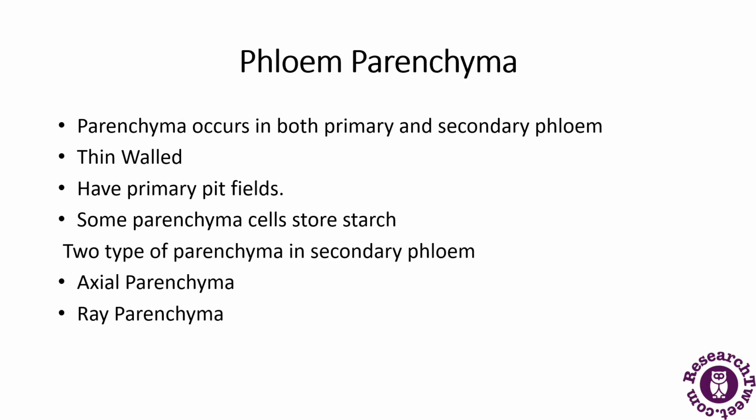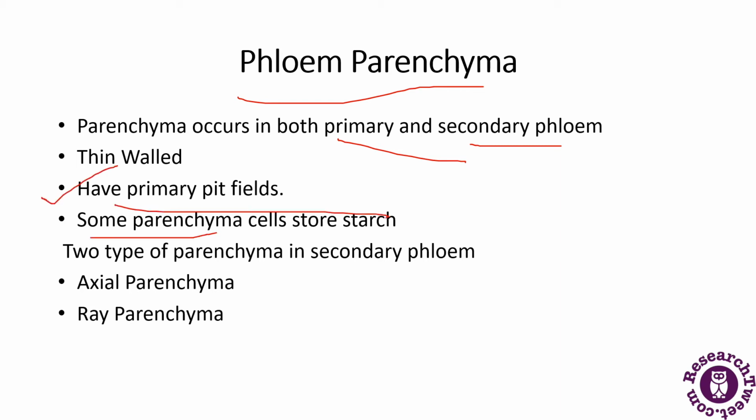The next component is the phloem parenchyma. It occurs in both the primary and the secondary phloem, meaning in both the primary growth and the secondary growth of the plant. It is thin walled and has primary pit fields.